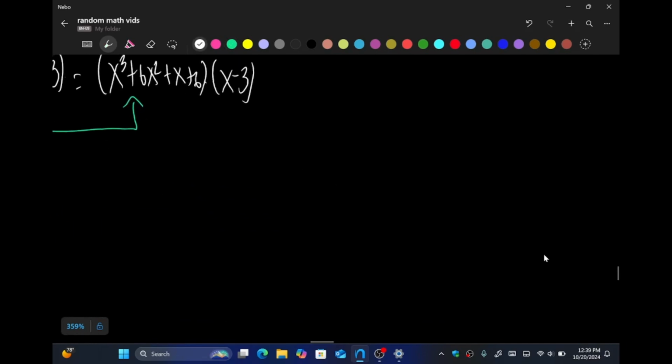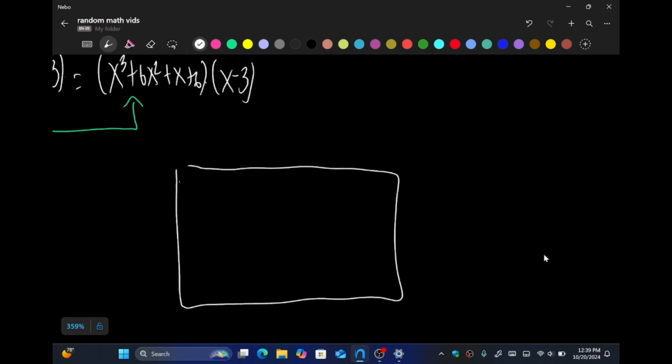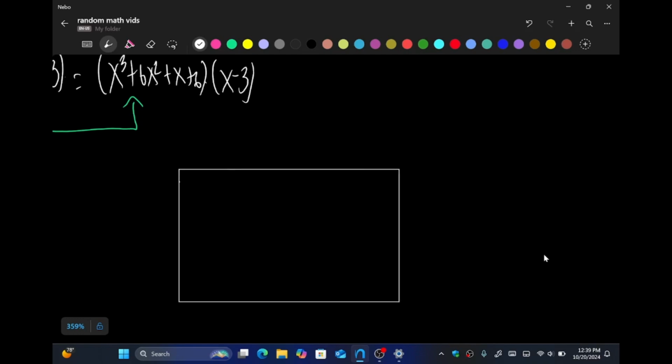So we're going to, again, do a box method. Let me draw a bigger box. So it's going to be 1, 2, 3. So it's going to go like this. And it doesn't have to look perfect, guys. The rectangles don't have to look perfect so long as you can fit the terms in there. So here, we're going to go ahead and just multiply this.